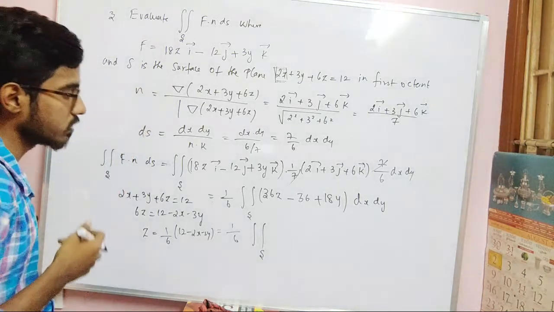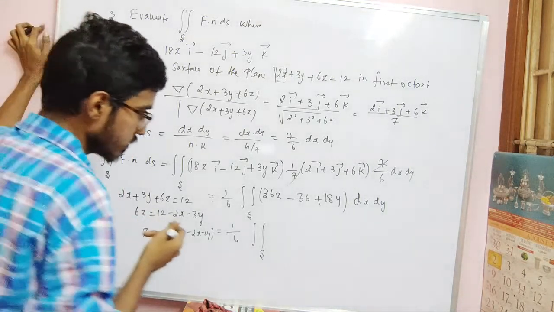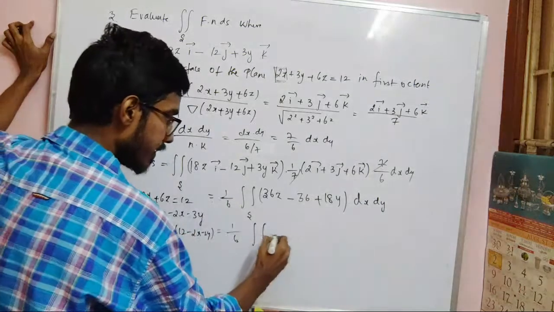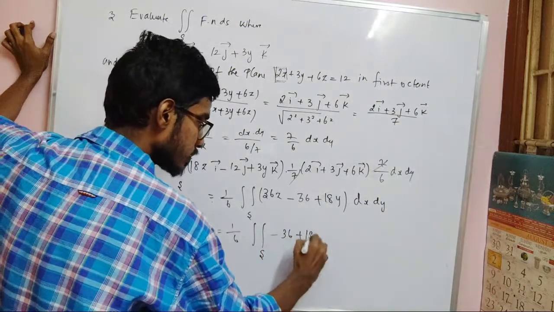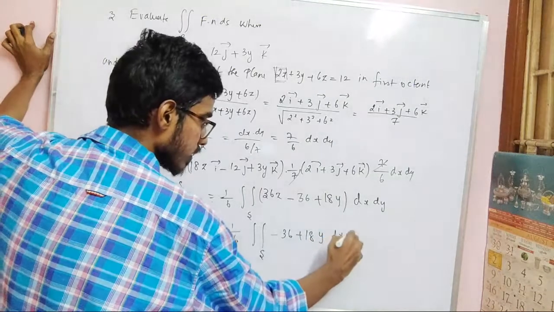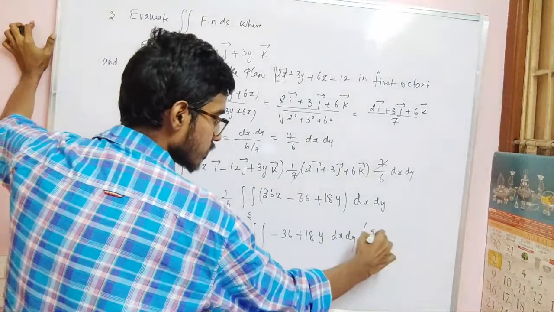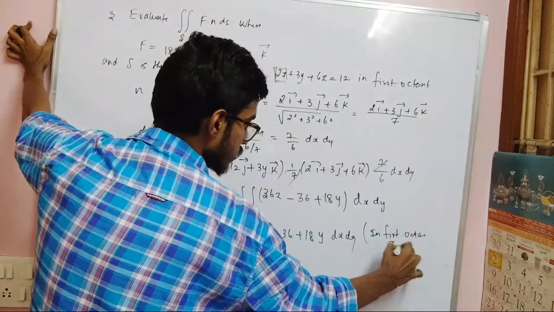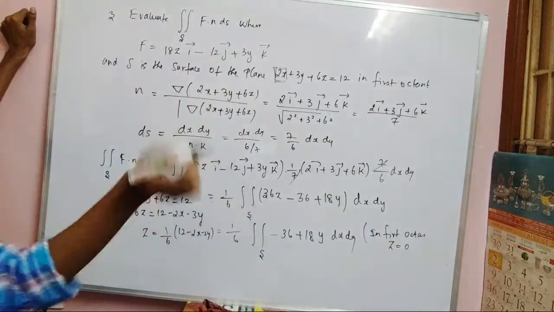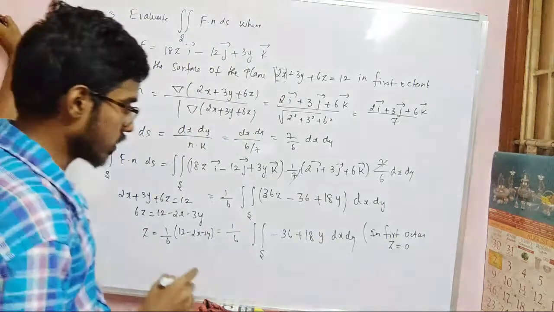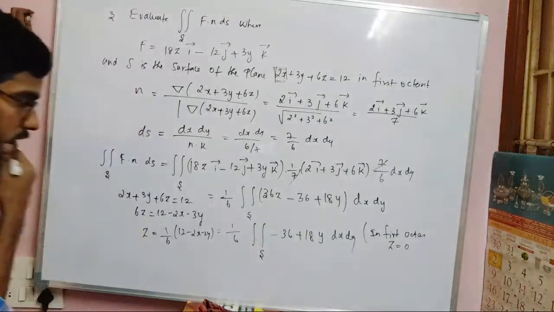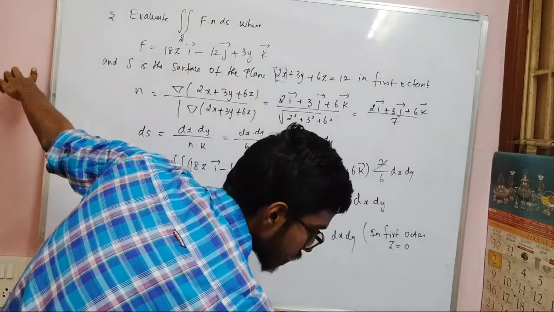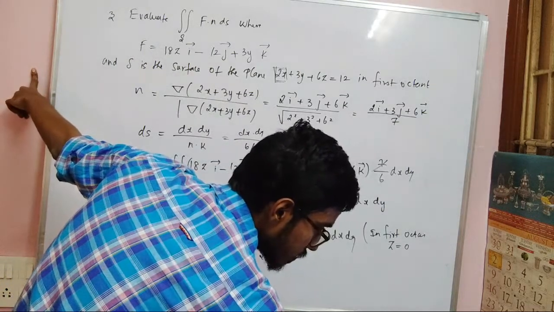So if I put z is equal to 0, we will have minus 36 plus 18y dx dy. So in the first octant we have only x and y, z is equal to 0. I think now the problem will be very easy for us. Let us do it by this method and see whether we will arrive at this answer or not.